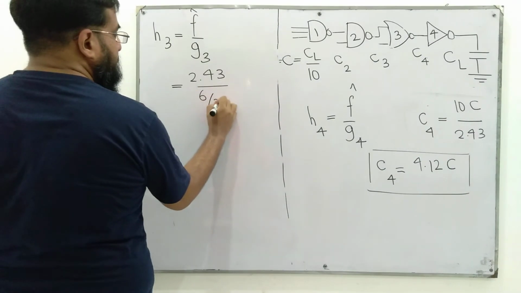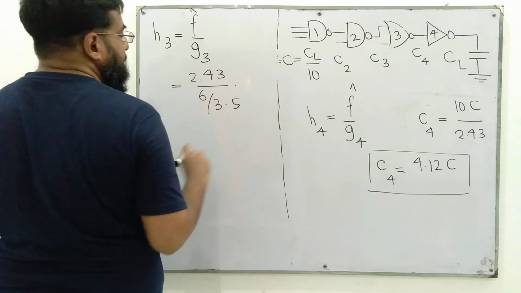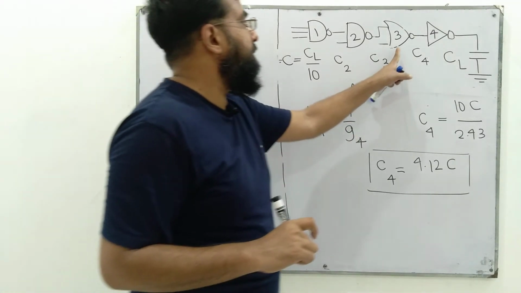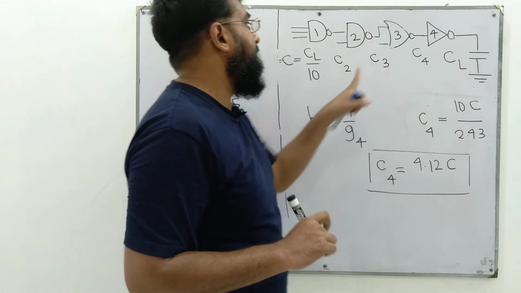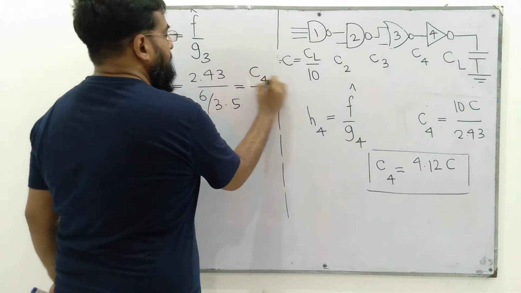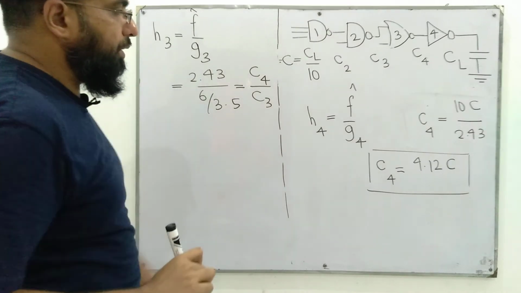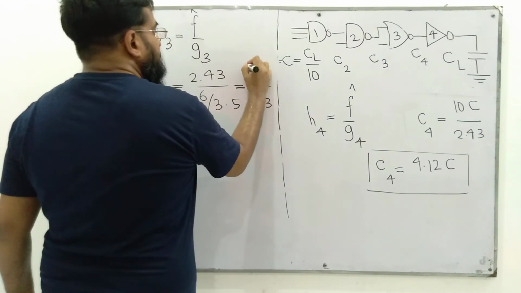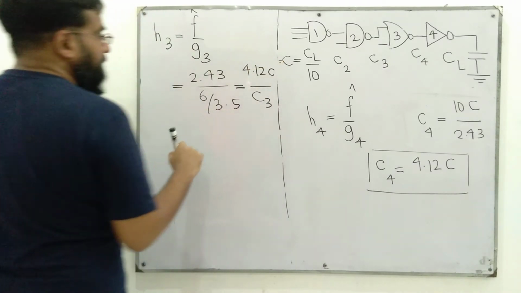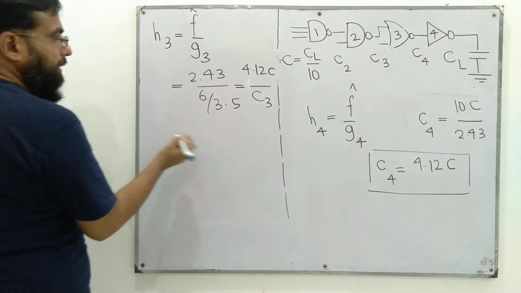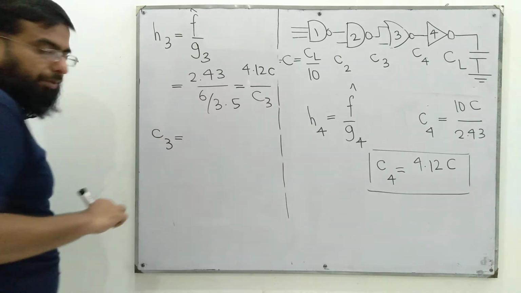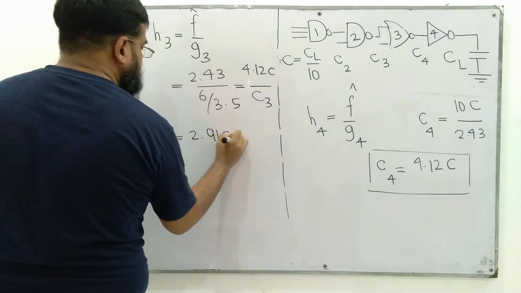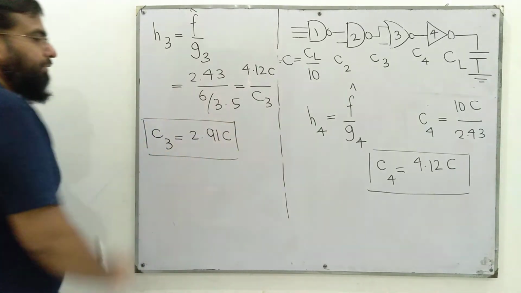In the long expression that we wrote for capital G, we can verify it's 6 over 3.5, and it can also be written as the output capacitance of the gate divided by its input capacitance, that is C4 over C3, and we already know C4 is 4.12 times C. So now we have only one variable in this equation which we can solve for, and we reach an answer 2.91 times the reference capacitance.